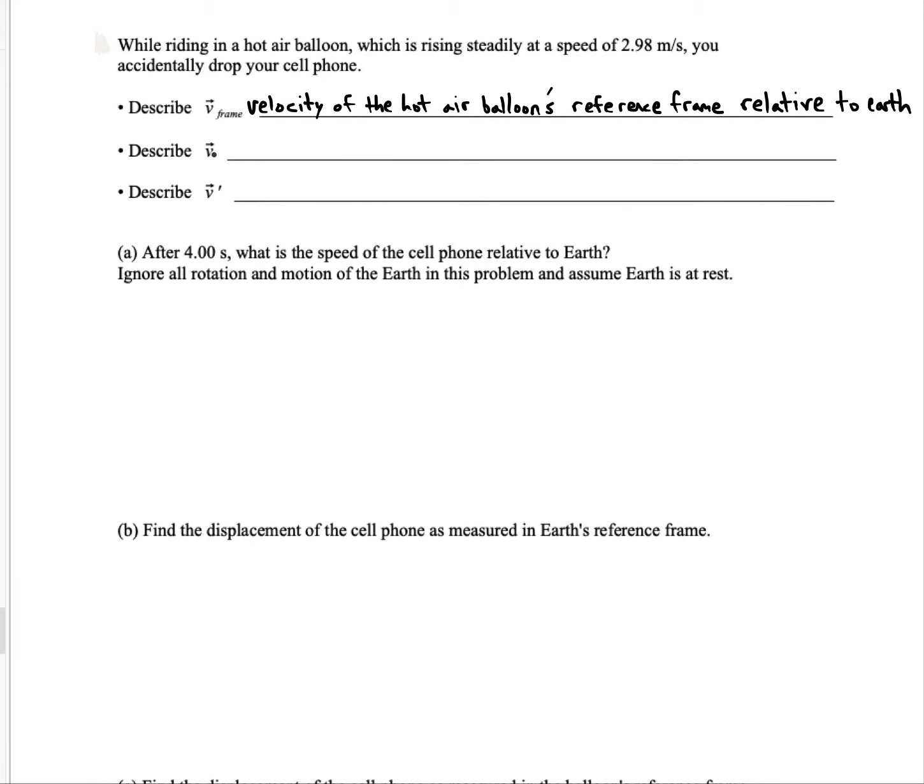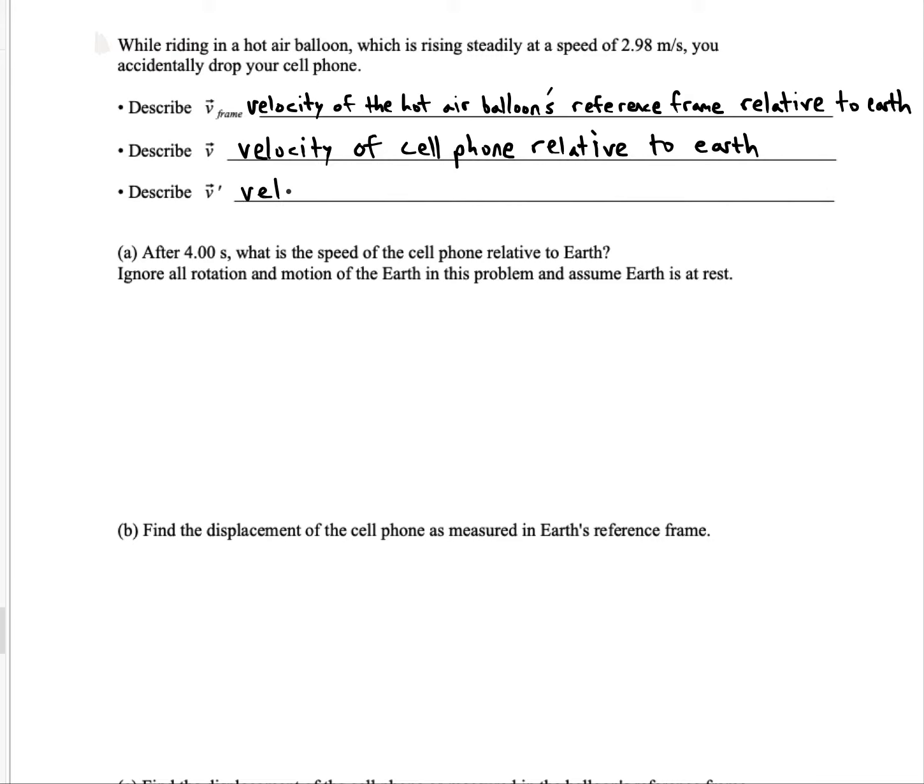All right, then describe V. Velocity of the cell phone relative to Earth, though. And then describe V prime.